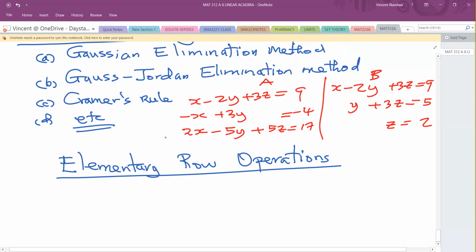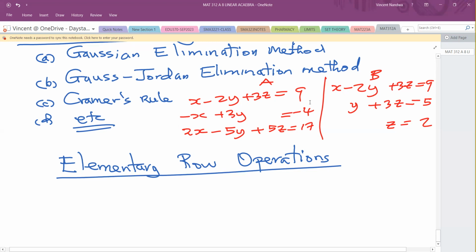But this other one, the way they form the system, may not be easy to work out the values of x, y, and z. So the elementary row operations help us to convert systems which take this awkward arrangement like in A to this nicer form in B that we can easily back substitute and solve the values of the unknown.